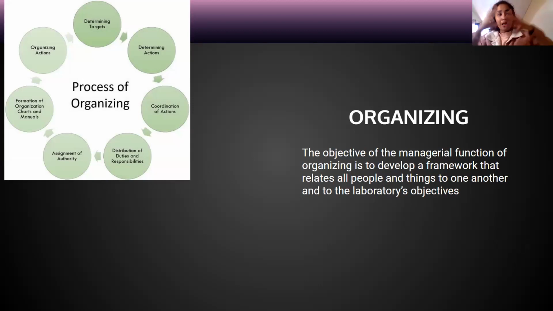So in a company, there are human resources and physical resources, and they all have a relationship with one another. And our main goal is to achieve the objectives.